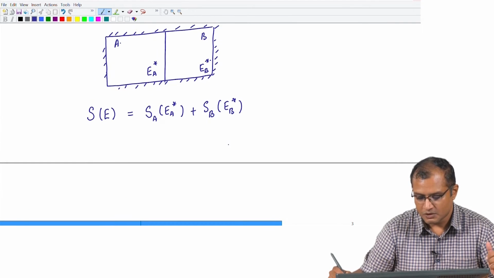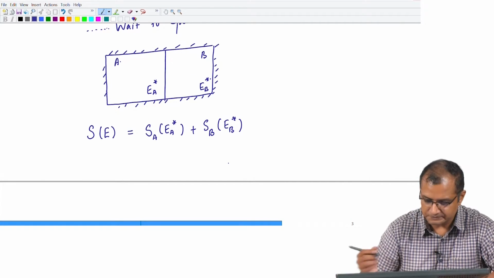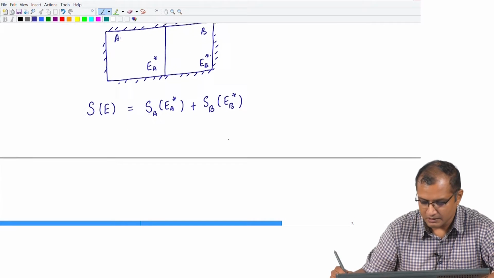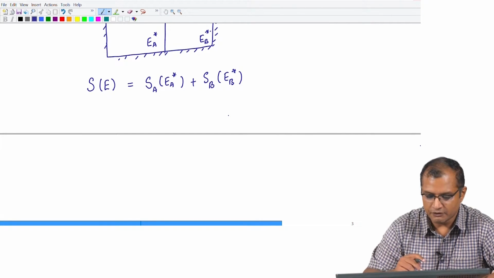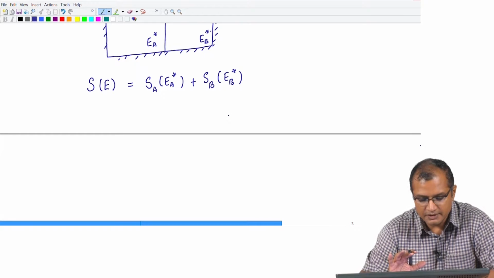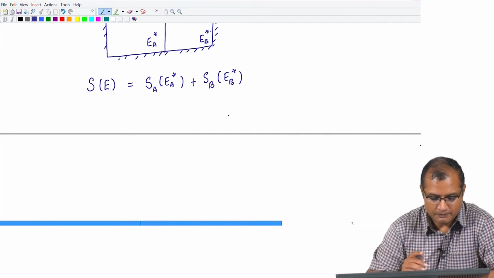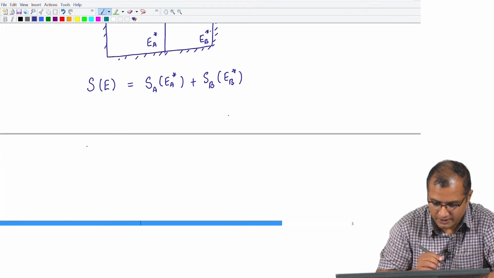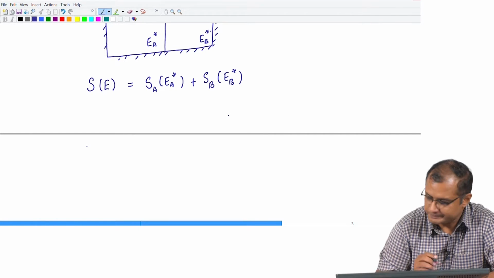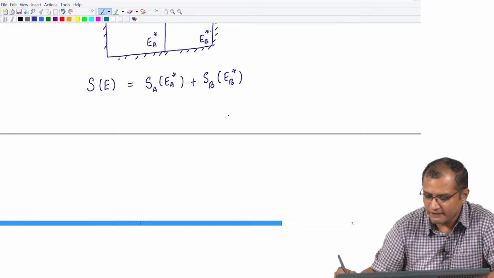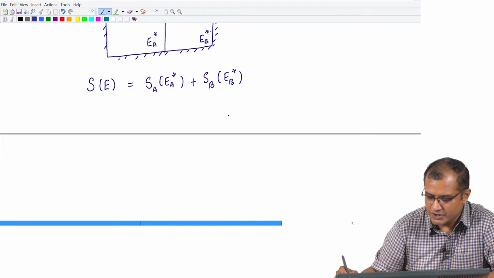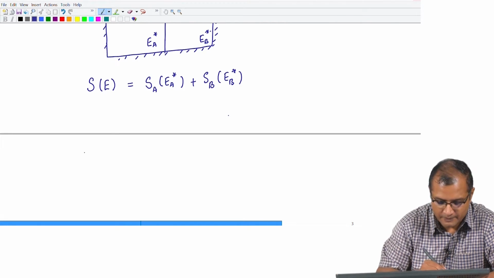So, what we really mean here is, if you look at the change in entropy, which is delta S, you can find out the change in entropy from this.